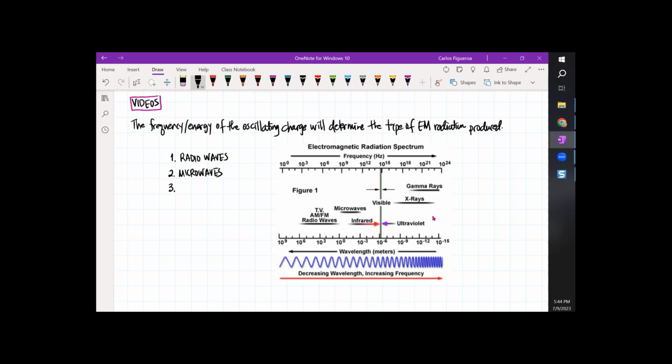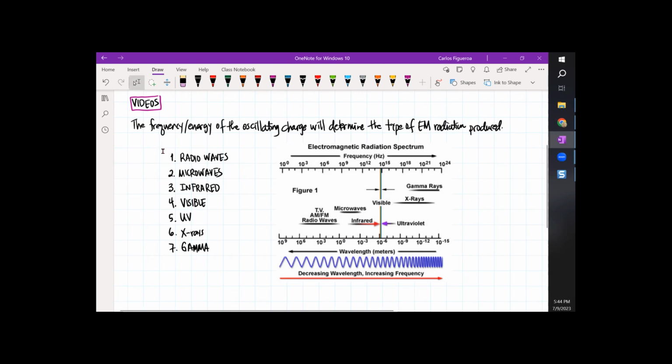Three, then I have infrared. Then we have the tiny, tiny visible spectrum. Then we have ultraviolet. And then finally, 6 and 7 are X-rays and gamma rays.